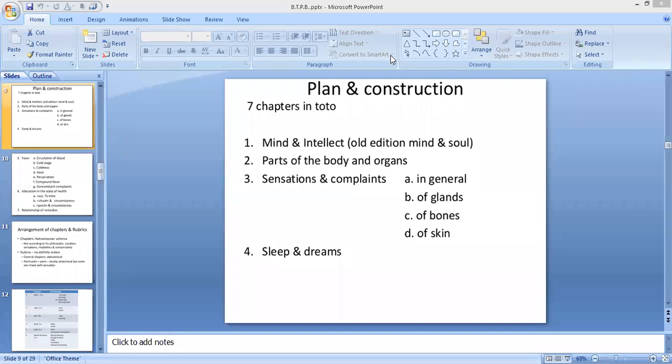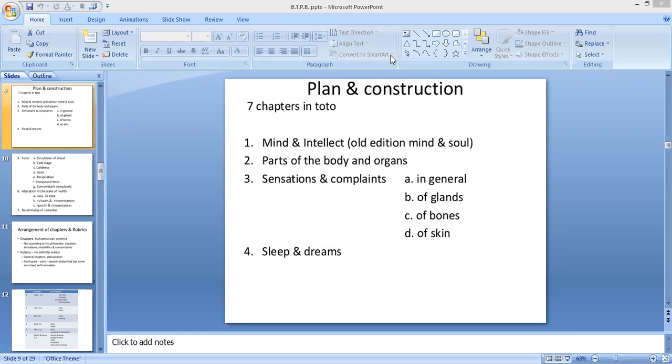Then the teeth chapter does not have any subchapter. Then the mouth chapter also doesn't have any subchapter. Then throat also doesn't have any. After that, the mouth and faces chapter has five subchapters, that is mouth and faces, hunger and thirst, taste, then eructation, then nausea and vomiting.